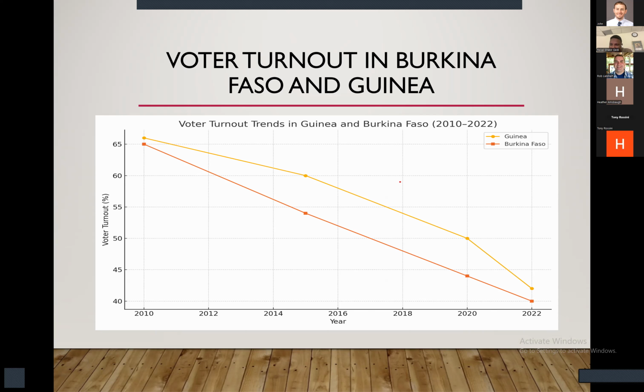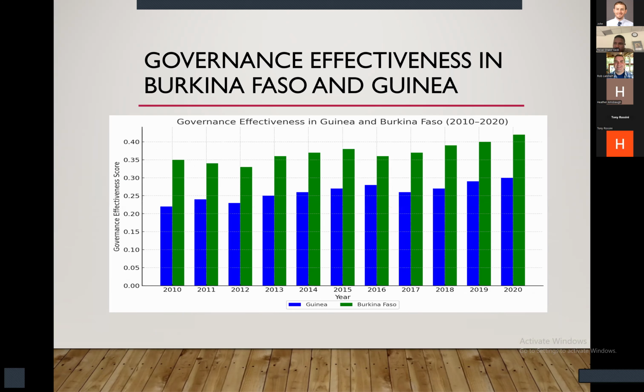When mapped, especially using ArcGIS, areas with sharp turnout declines often overlap with zones experiencing high protest frequency, civil unrest, and military interventions. These findings suggest that turnout metrics can act as an early warning indicator for potential democratic collapse, especially when combined with spatial and institutional data.